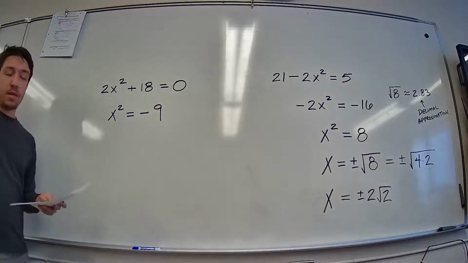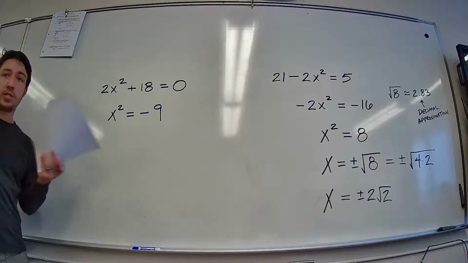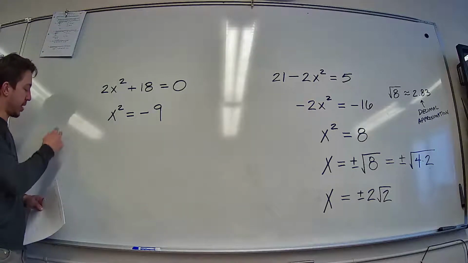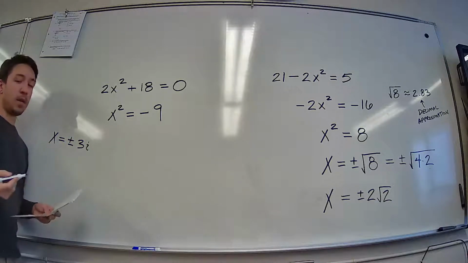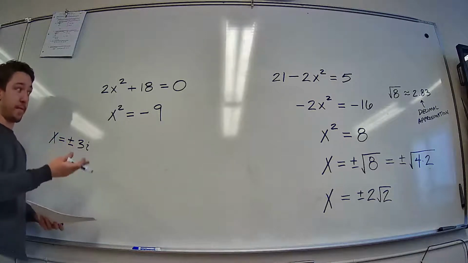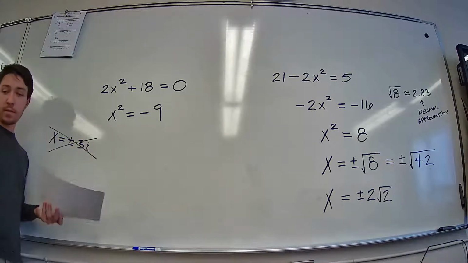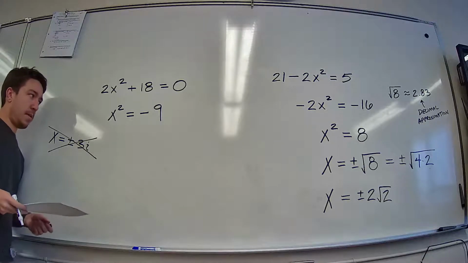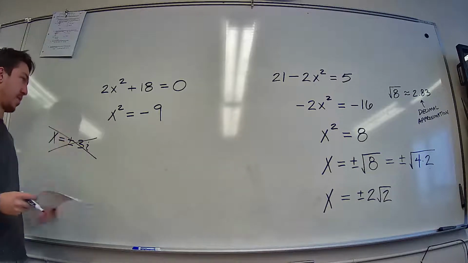Again, you might say, well, actually, there are numbers that work for this. They're called imaginary numbers. So is it wrong to say that the answer, you could say, for example, plus or minus 3i would be valid, but we're not going to deal with imaginary numbers in this class. Maybe at the very end of the year, if we had somehow extra time, we might discuss them a little bit.